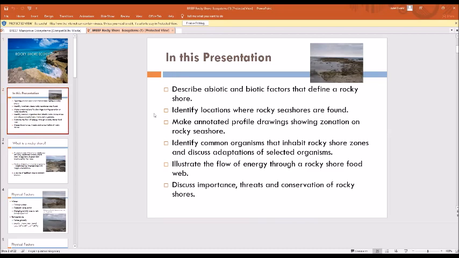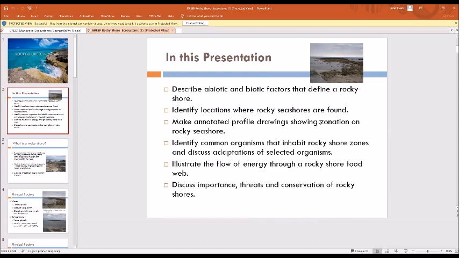By the time this video is finished, we will learn about the different abiotic and biotic factors that you find on a rocky shore ecosystem. We'll learn about where you find these rocky shore ecosystems, or which part of the island you would expect to see them in. We'll learn about the different zones inside a rocky shore ecosystem.